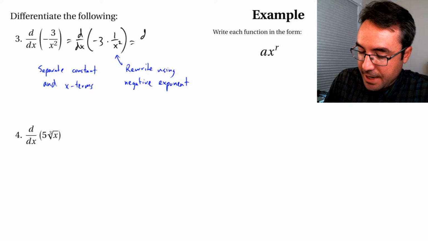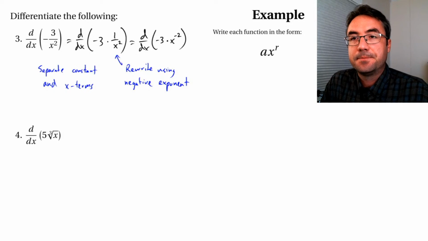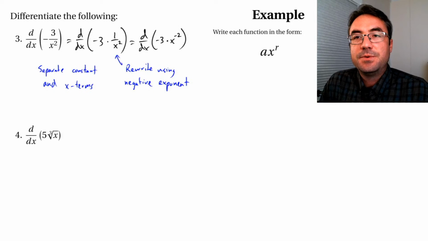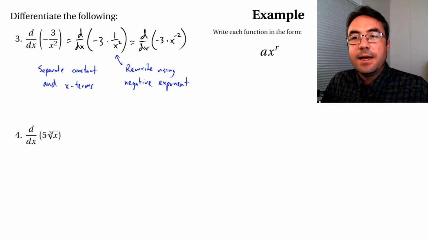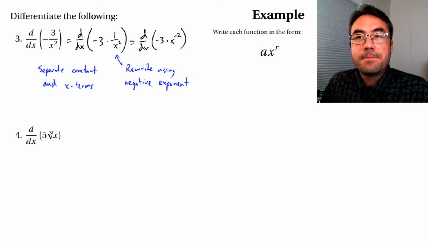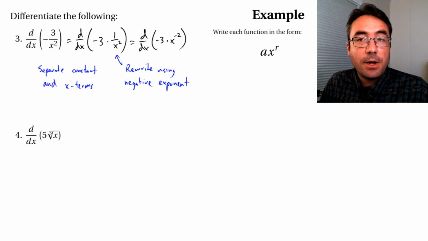So we'll write this as the derivative of negative 3 times x to the negative 2. So now it's in that format, a constant times a power function. And so now we can apply our constant multiple rule.